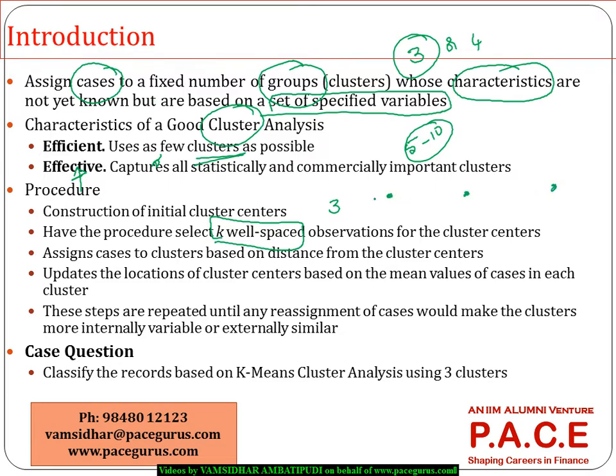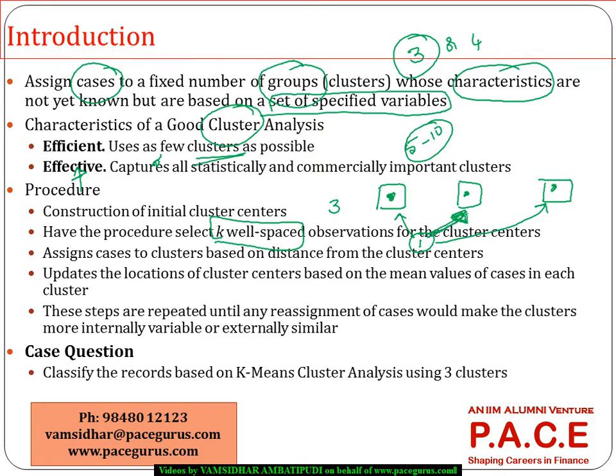Means this is the mean, this is the center for the first cluster, this is the mean for the second, this is the mean for the third cluster. Now whatever the record 1, the case 1, it will see whether it is closer to this cluster center or closer to this or closer to this. Based on that, it assigns the value to the initial cluster center, to this particular cluster.